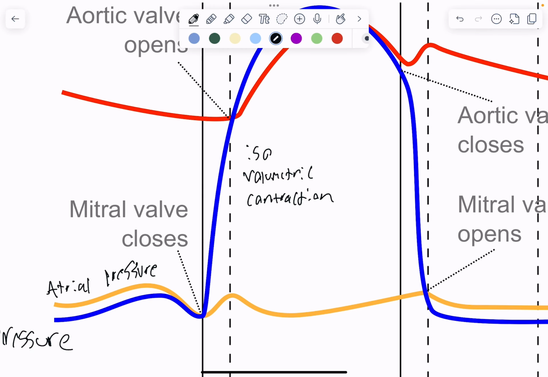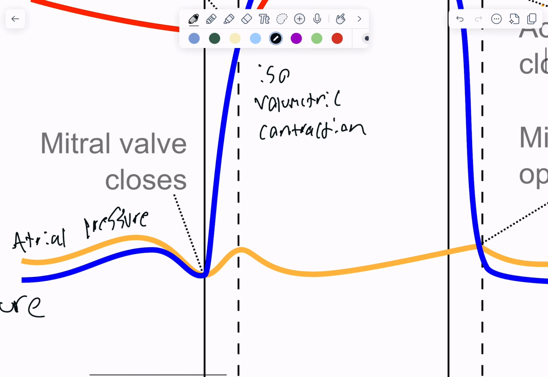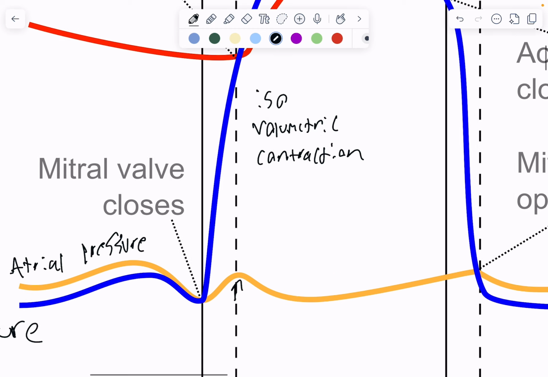We can also see this in the yellow line, the atrium. It shows a little S wave right here, and that's from the high isovolumetric contraction forcing the pressure to expand and poke a little bit into the atrium, so that's why you see a little increase in the atrial pressure because of the extreme amounts of contraction and force in the ventricles.